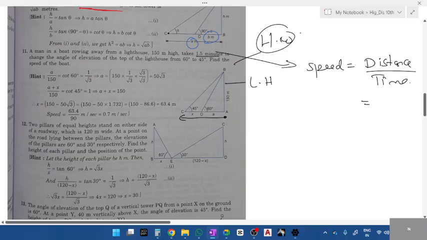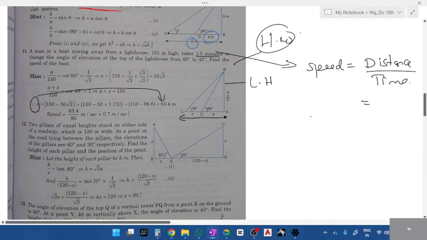Change of elevation is nothing but from 60 degrees to 45 degrees, which means he's covering the distance. So what do you need to find here? First, what do we need to find? The entire distance, x and a, right? Can you see? Once you solve the equation, you get the value of x. What is x, students?